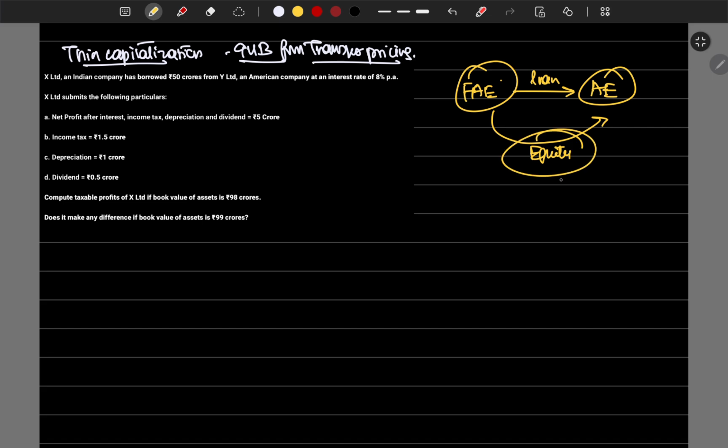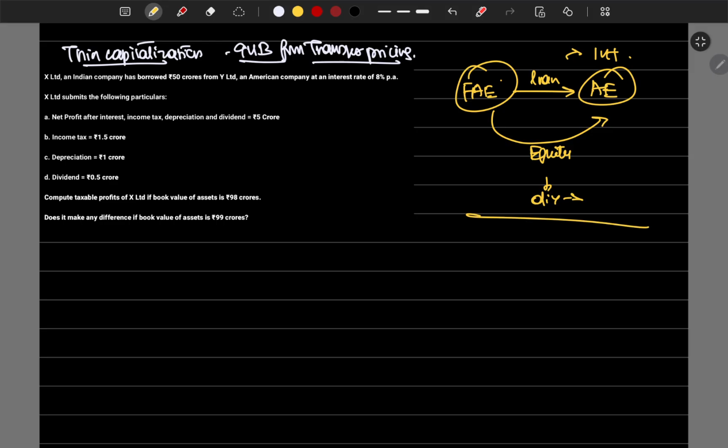But if they are giving equity, they will be getting dividend. Dividend is non-taxable. But if they are giving us a loan, interest is a deductible expense. So instead of giving us equity, they will be giving a loan to the associate enterprise in India. So in India, they'll be paying more interest. That will be actually unfavorable to the tax department.